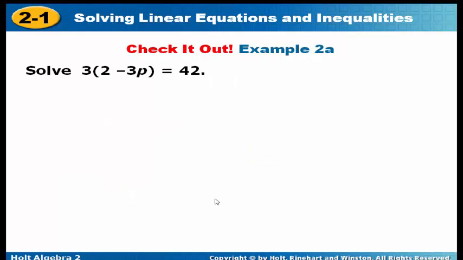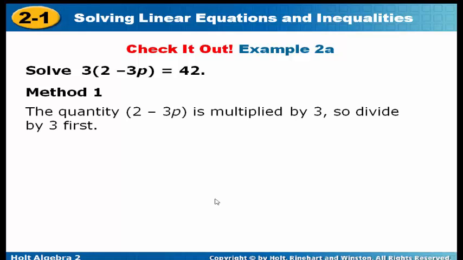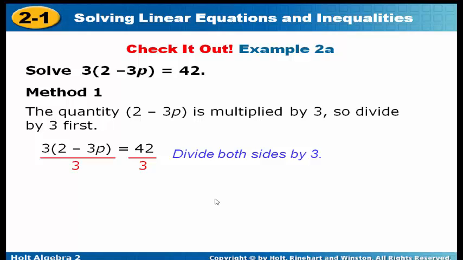Solve 3 times (2 minus 3p) equals 42. Method 1. Divide both sides by 3. So 2 minus 3p equals 42 divided by 3, which equals 14.